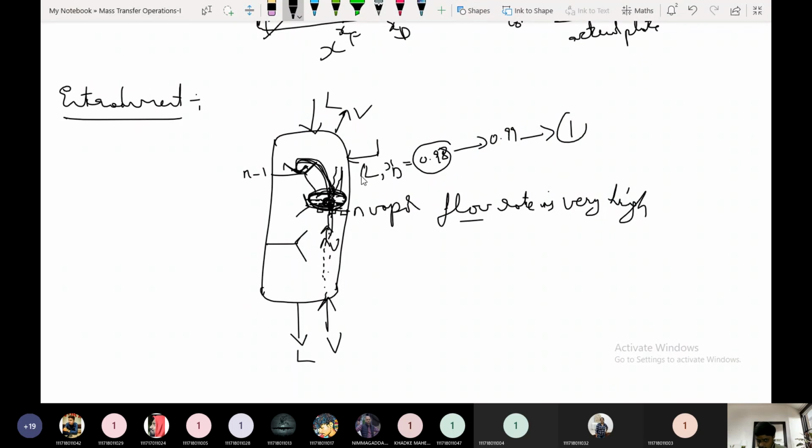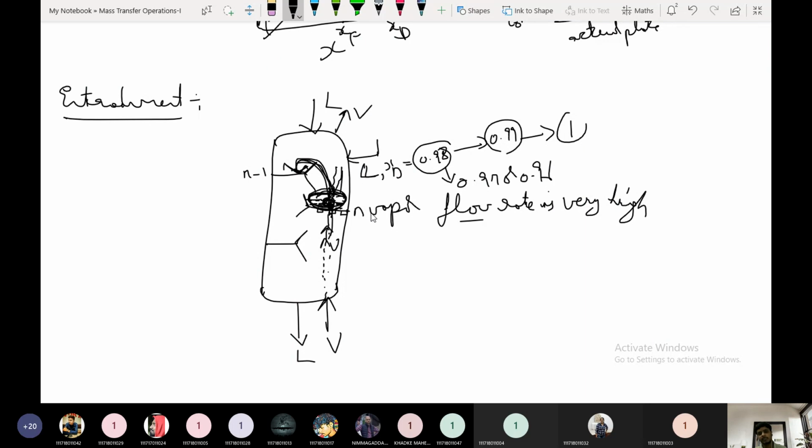Because of this only, some reflux we are sending back. But when entrainment happens, instead of increasing the fraction of the more volatile component in the vapor, it will decrease to 0.97 or 0.96. It will just degrade. So the purity of this top product will be affected by this entrainment.